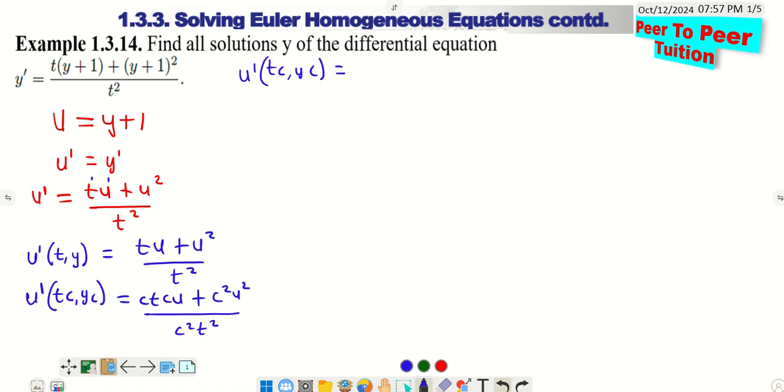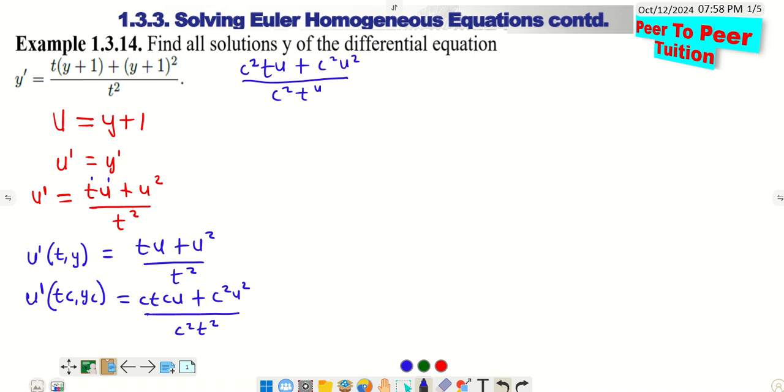So c times c is c squared, then tu plus c squared u squared, all divided by c squared tu.